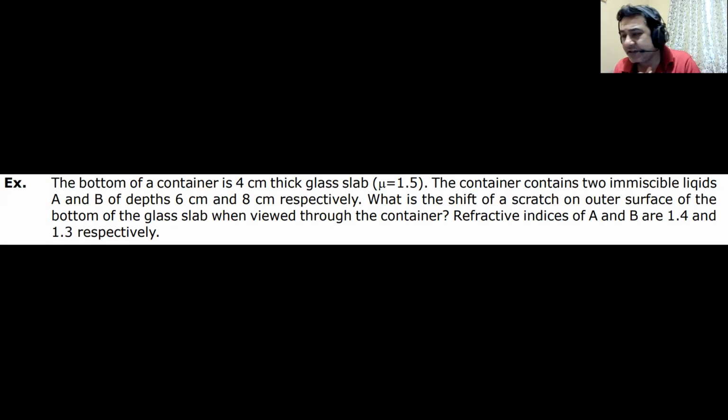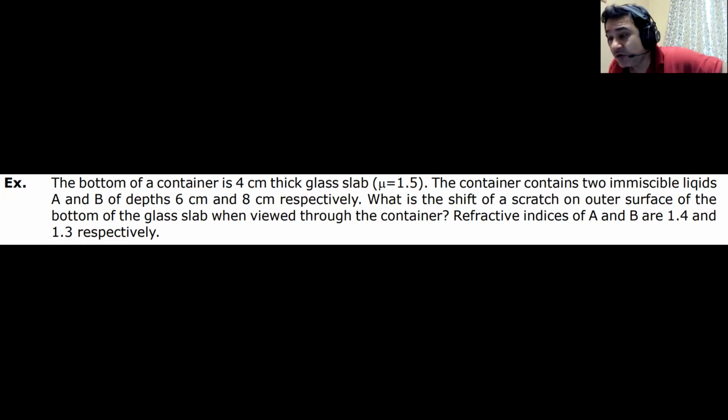The container contains 2 liquids of depth 6 and 10 centimeters. What is the shift of the scratch on the outer surface of the bottom glass slab?